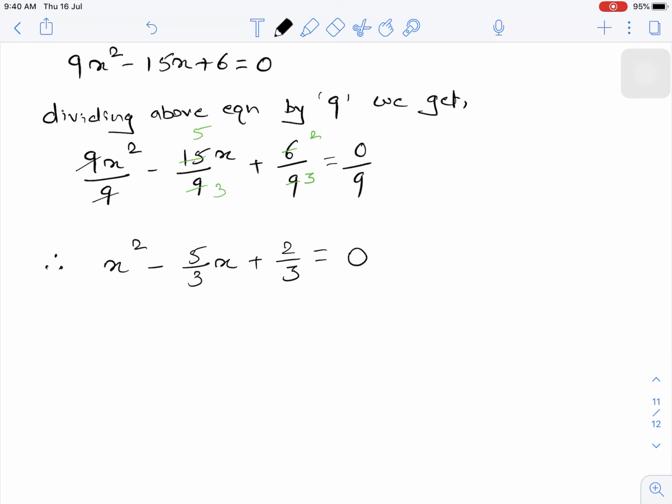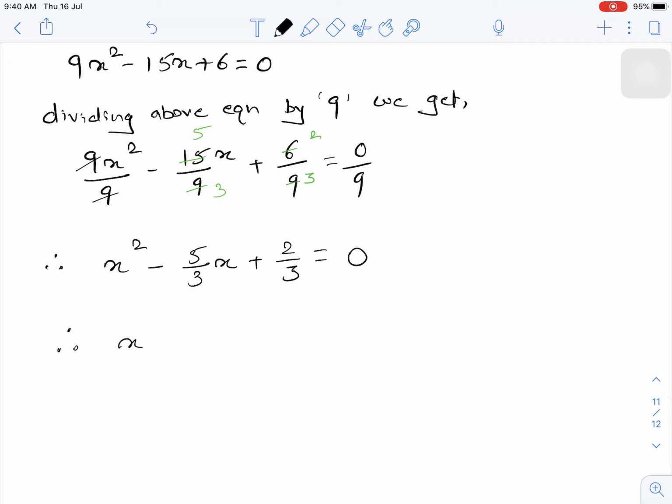In the next step, we don't want this third term to be present over here. This constant term we are going to change its sign. So here it is plus 2 upon 3, when it goes to the other side it will become minus 2 upon 3.